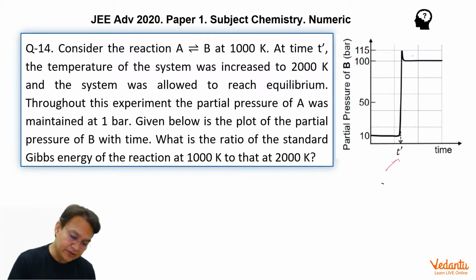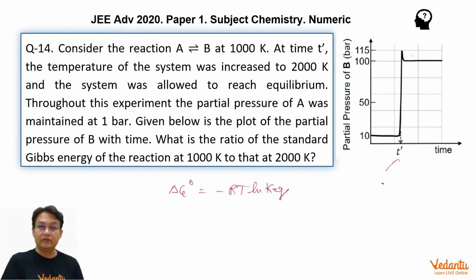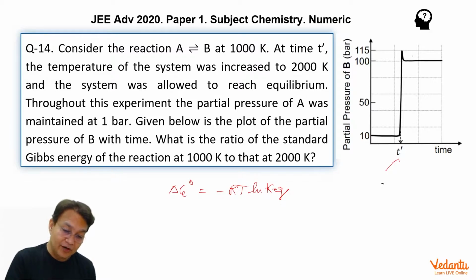So basically, we need to use the formula delta G naught is equal to minus RT ln K equilibrium, and we have to find the equilibrium constant at two different temperatures. The equilibrium constant has to be found from the graph, and as you can see in this graph, at 10 and at 100, the pressure of the species is constant.